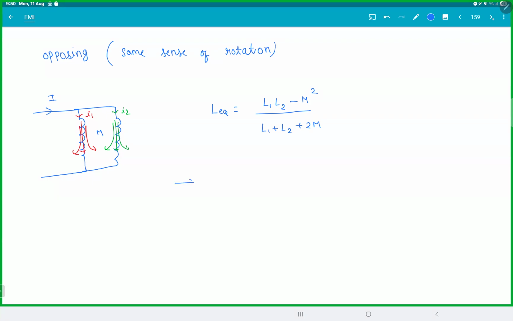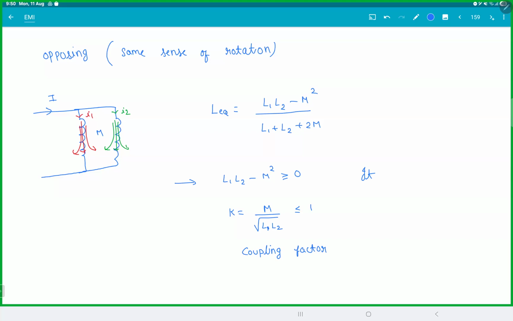Here we have this quantity L1 L2 minus M square, which is always greater than or equal to 0. So we define a quantity called K, which is M by root L1 L2. This is called the coupling factor. What the K value tells us is how much flux from one coil will enter into the other coil.